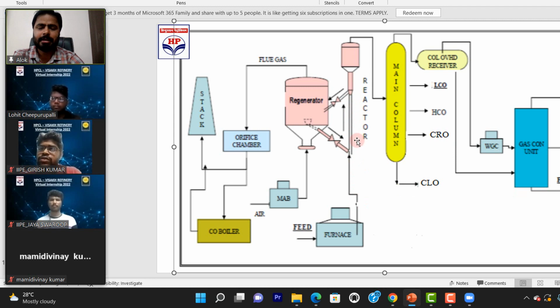See, the catalytic reaction that is happening is an endothermic reaction, correct? Is anyone aware at what temperature the reaction actually occurs in FCC?